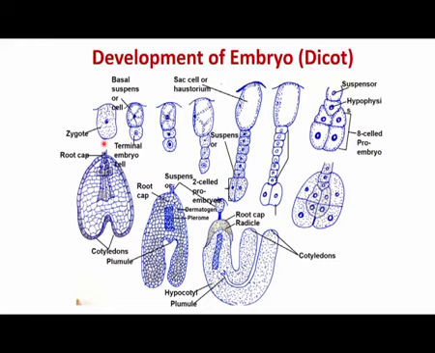As a result of unequal division it forms two types of cells. One, which is slightly bigger in size and still attached to the wall, is called the basal suspensory cell, and the other cell is called the terminal embryo cell.